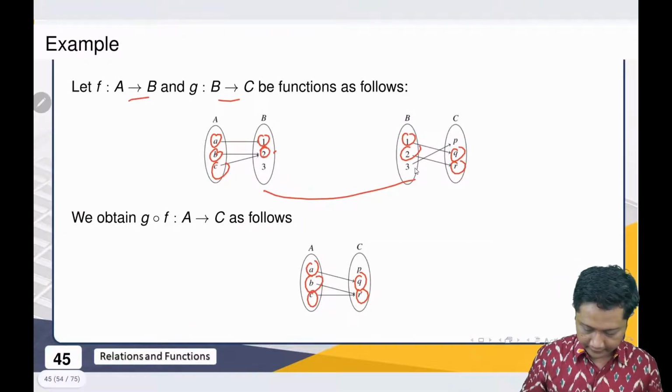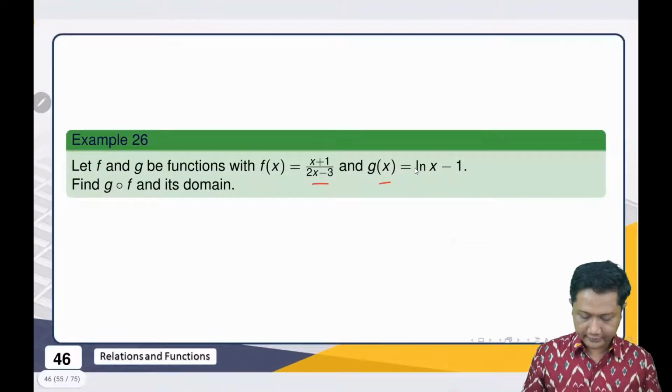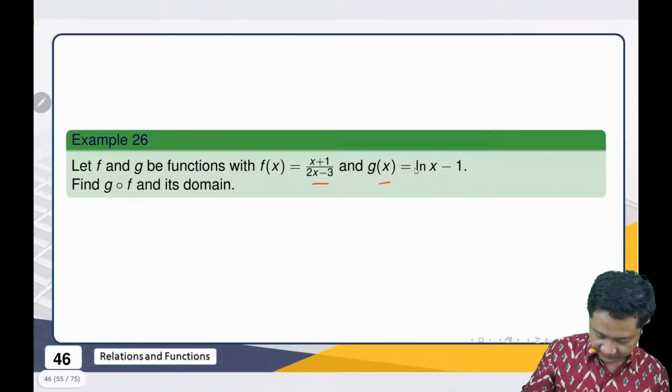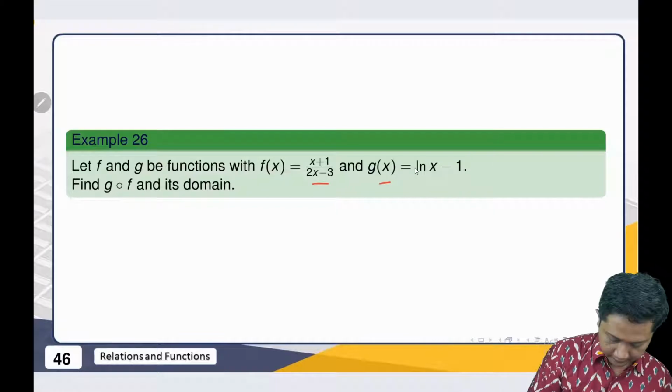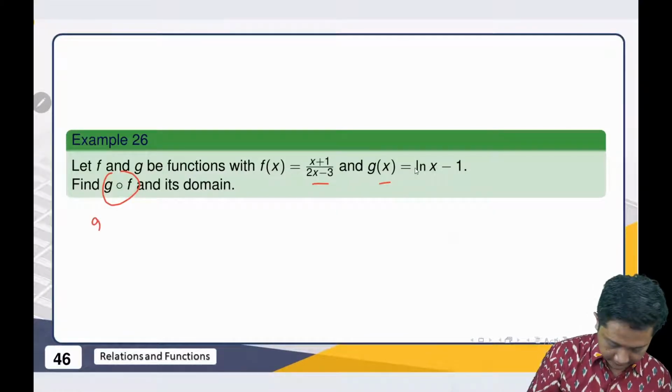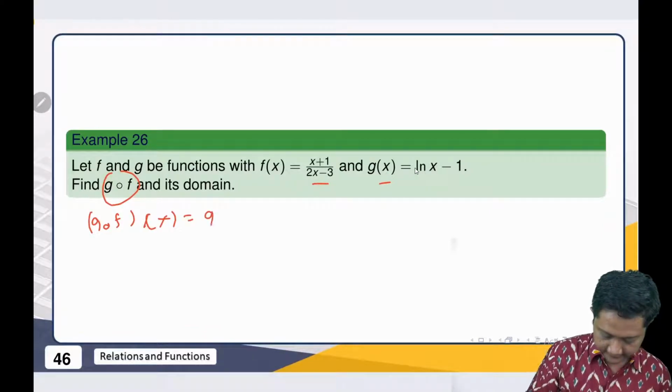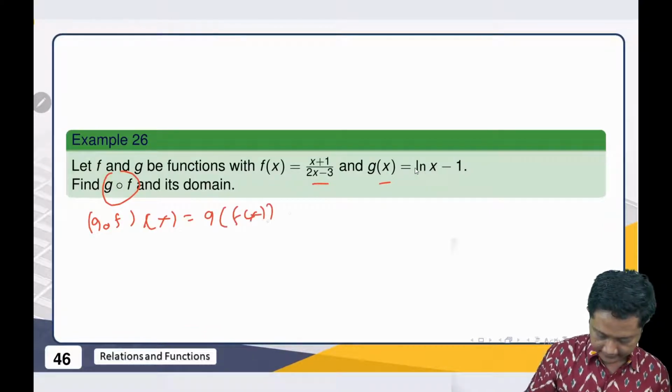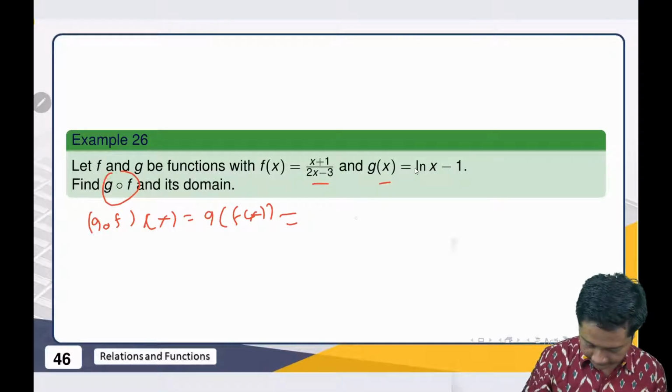And what happens if we have this kind of notation? That's also the same. So we will try to see what is g∘f. g∘f(x), what is it? It is g(f(x)), correct? So what is it? We have ln.